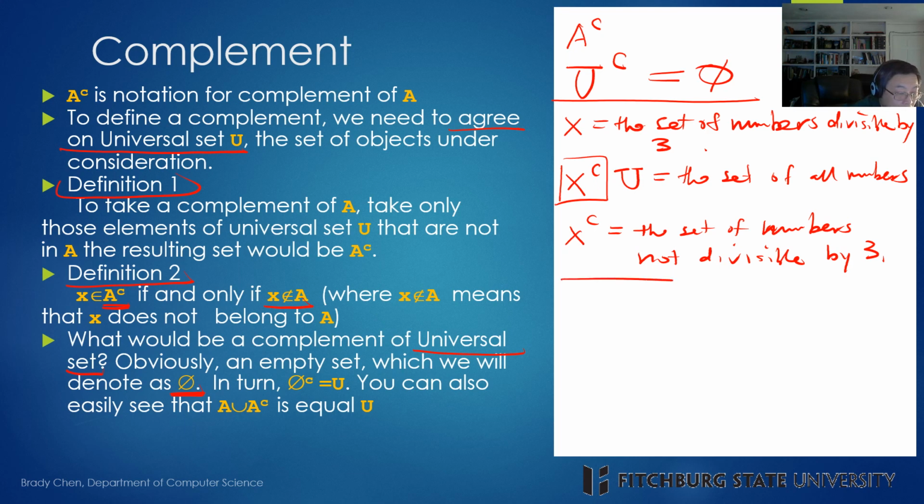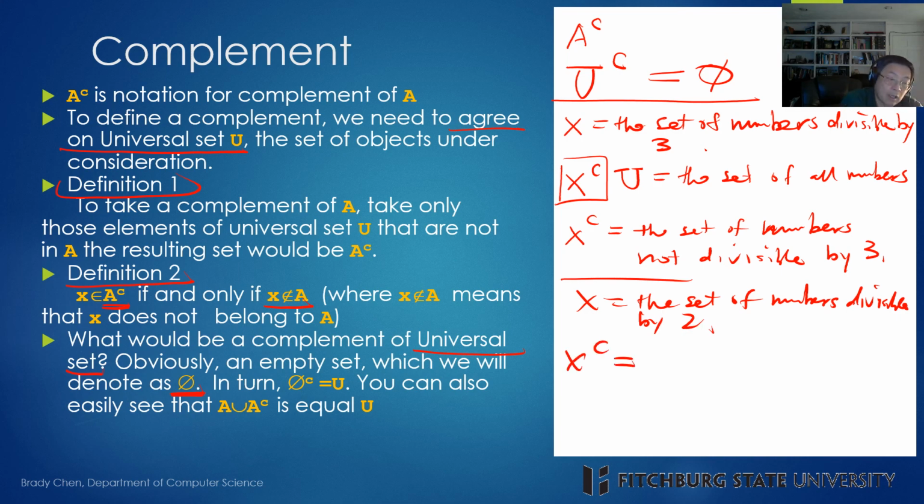Now again, if X is the set of numbers divisible by 2, what is the complement of X? It's the set of numbers not divisible by 2, right? That's definitely correct.